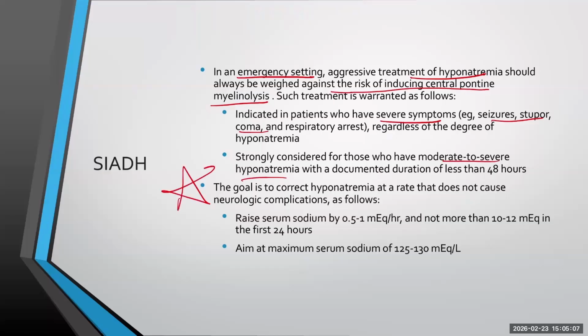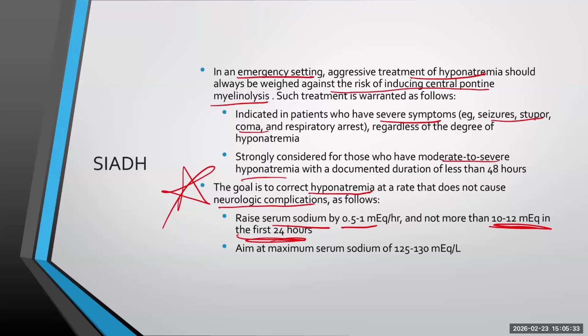Here's the goal: to correct the hyponatremia in a way that does not cause neuro complications. Raise serum sodium by 0.5 to 1 mEq per hour. So 127 to 128, and so on and so forth. Not more than 10 to 12 in the first 24 hours.